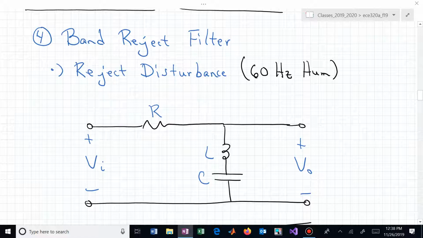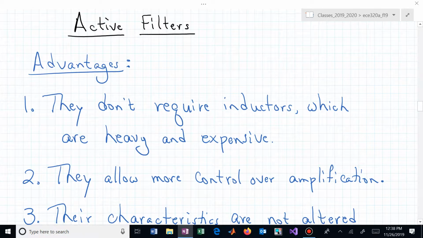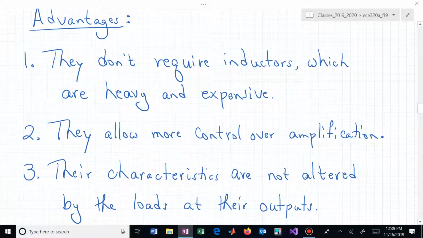Those are passive filters. You can also create filters to do similar things using op amps. And here are some advantages of pursuing active filters. One, we don't have to use inductors, and those can be heavy and expensive.